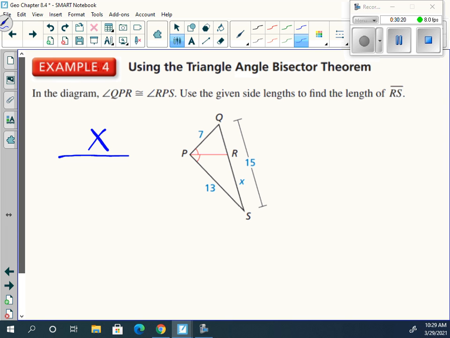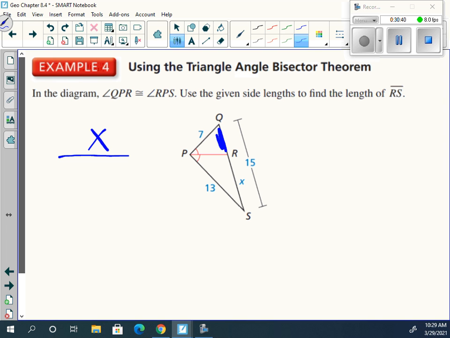Because x would be over this measure here, yes? What is that measure? Well, whatever it is, x and it add together to be what? 15, yes?